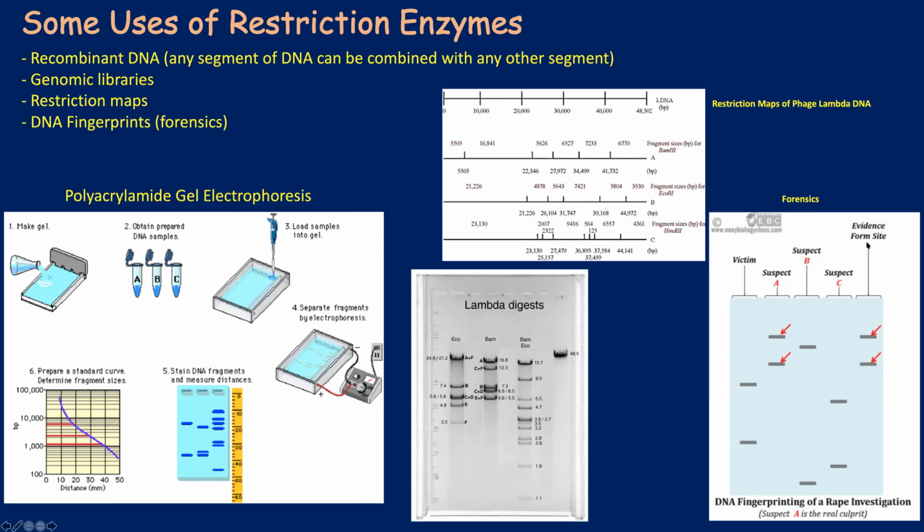So you can see that the DNA at the site of the crime had these 2 distinctive bands, and they match precisely with suspect A's DNA. Clearly different from the victim, clearly different from the other 2 suspects. So A is the culprit.